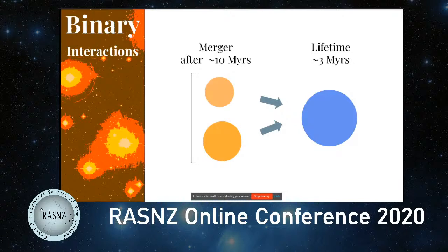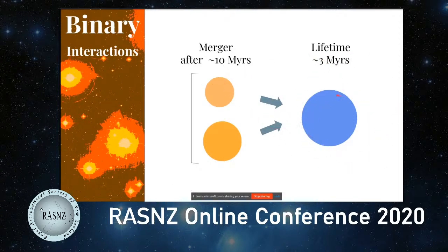So, for example, a 50 solar mass star will have a lifetime of 4 million years, whereas an 8 solar mass star will have a lifetime of 30 million years. And so we can imagine a situation where a whole bunch of stars are created together around the same time, and we have a binary that after 10 million years merges, and those two stars create a star that is so large that it just has a lifetime of 3 million years.